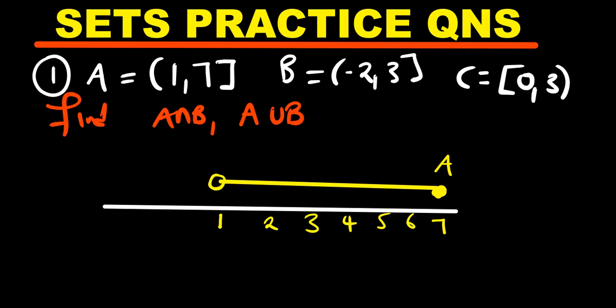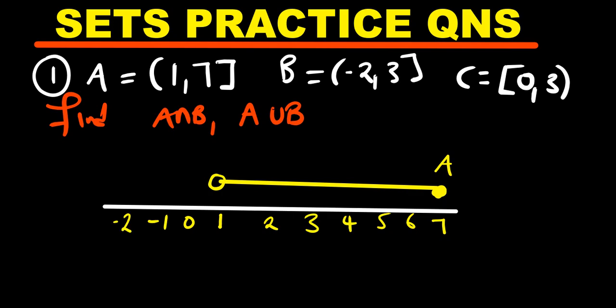Now let's put B. B is from -2 to 3. Let's say this is 1, this is 0. Let me use the uniform color. This is 0, this is -1, this is -2.